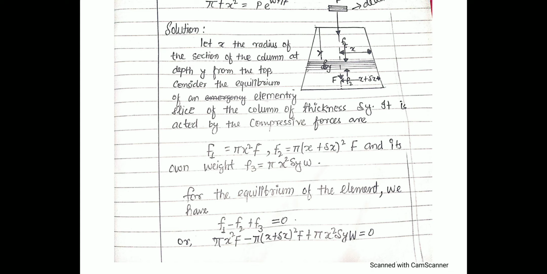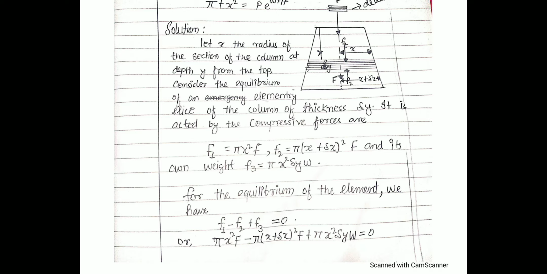Coming to the solution, let x be the radius of the section of the column at depth y from the top. Consider the equilibrium of an elementary slice of the column of thickness del y. It is acted on by compressive forces. We have three forces.